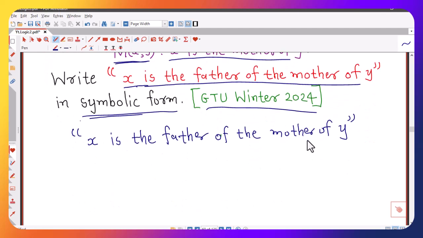So first we assume that some person exists which is the mother of y. So we assume a person z, suppose we denote z as the mother of y.